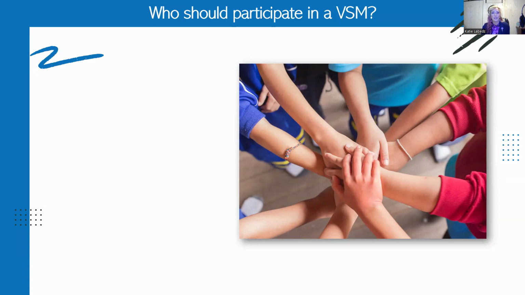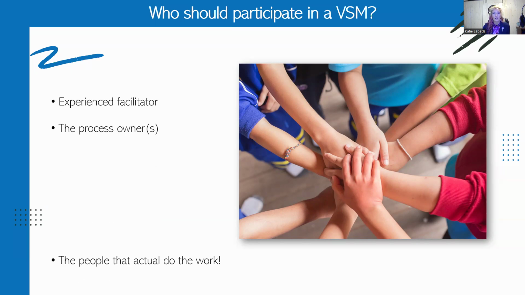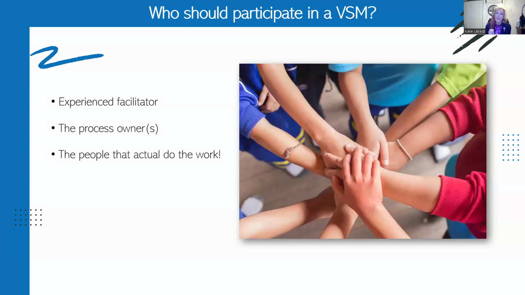So who should participate in a value stream map? An experienced facilitator, the process owner, so the people or person that owns that process, and most importantly, the people that actually do the work in that process. So no offense, but sometimes if you send a supervisor or a manager, they might not know the detailed step-by-step activities that are required.